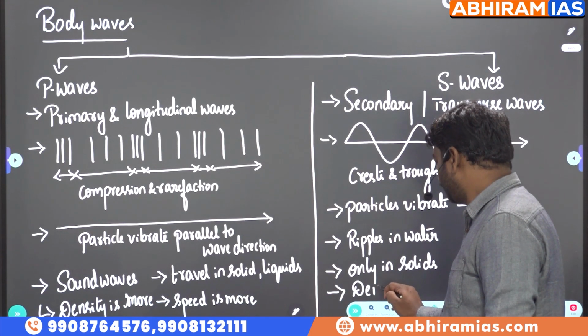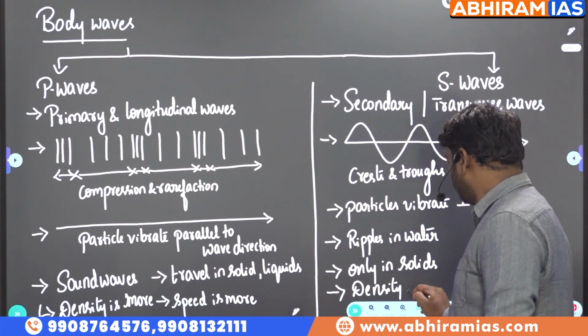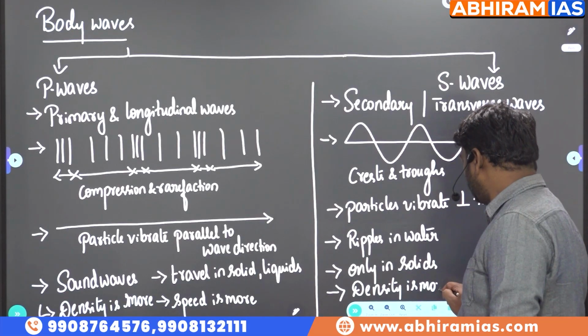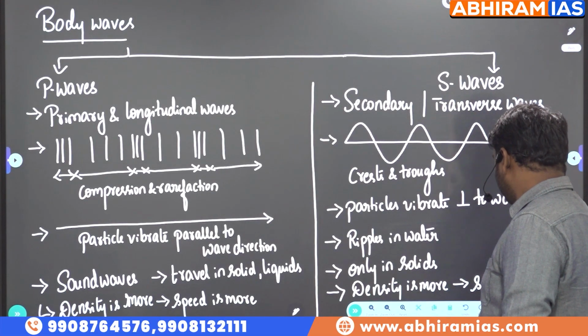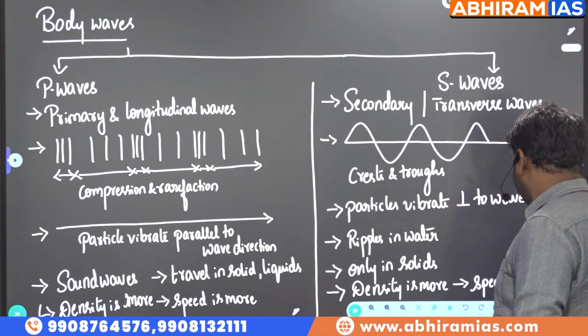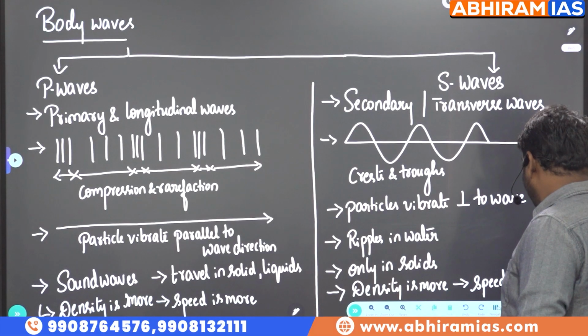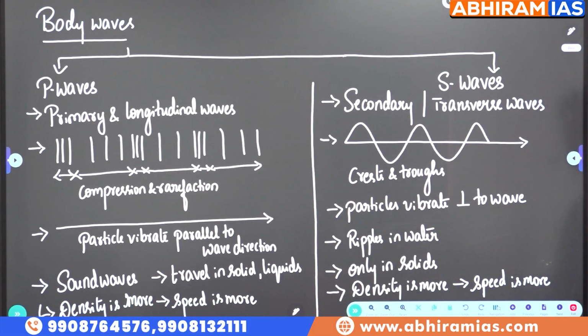Again, if density is more, speed is more. The common property of P and S waves is that if density is more, speed is more. Both travel in solids, but S waves do not travel in liquids.